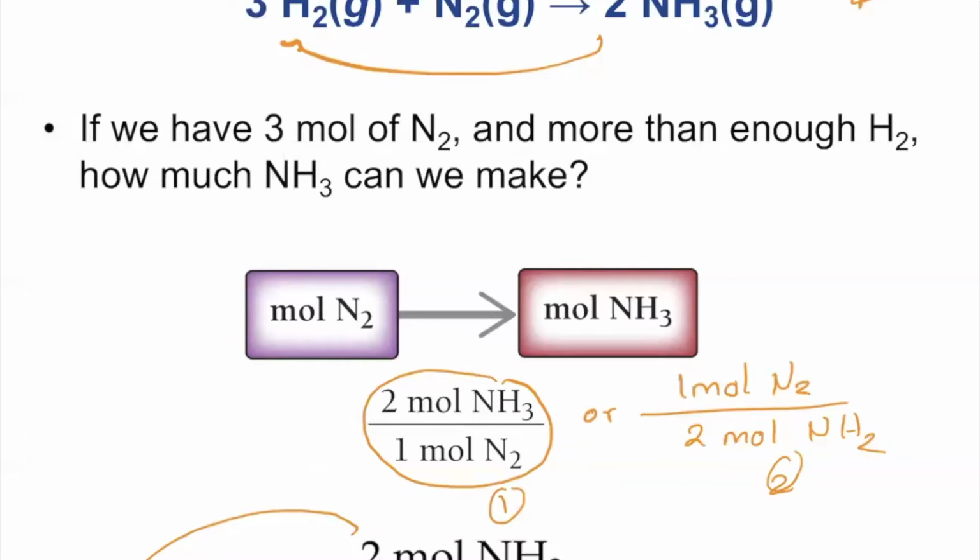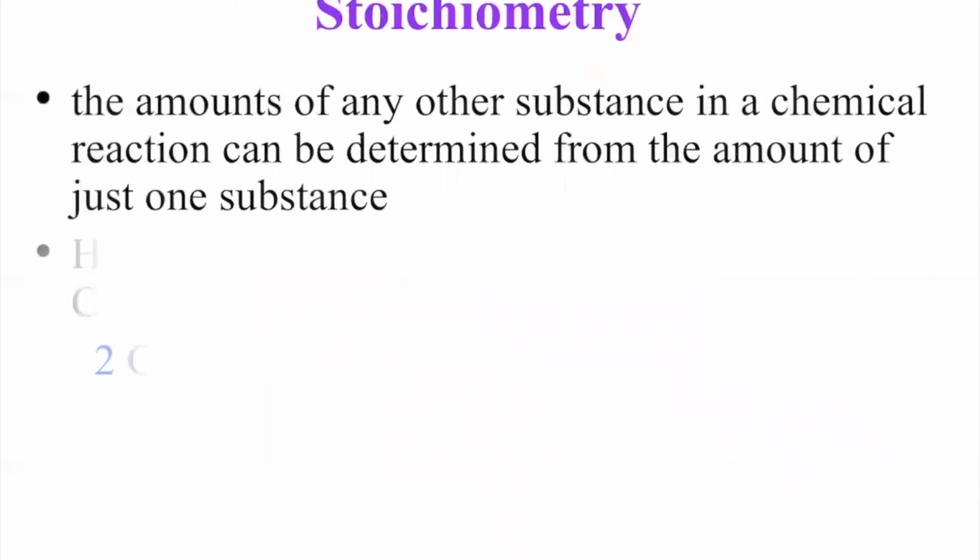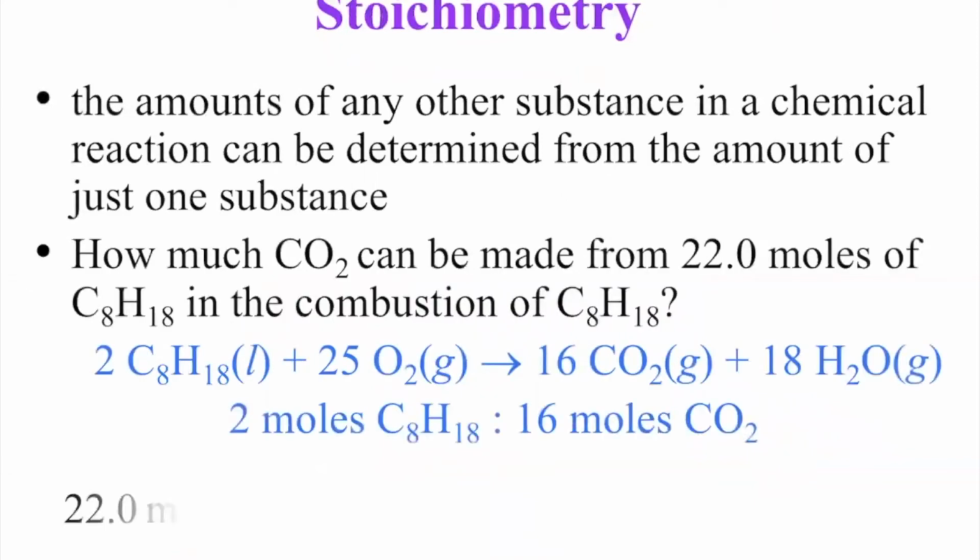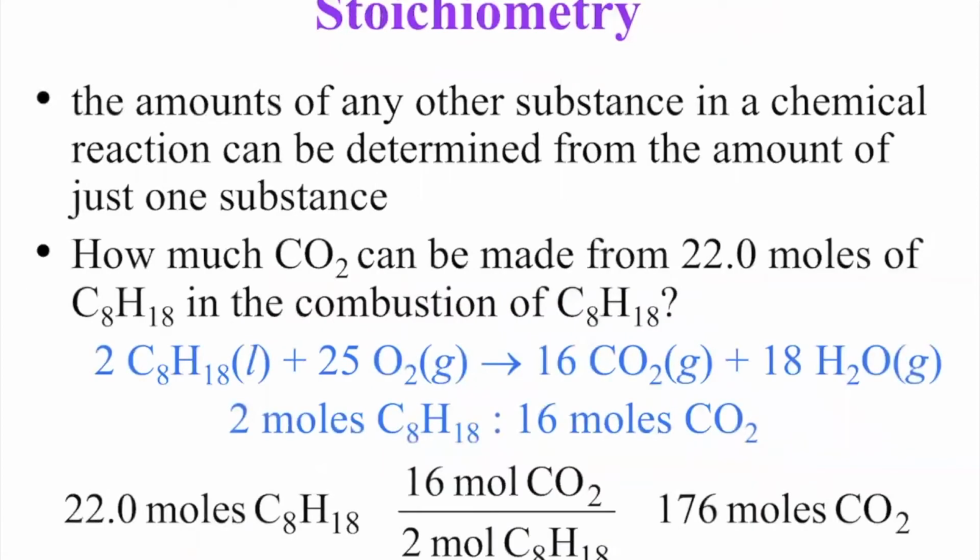Okay? And here's another question where pretty much it's the same idea. In this case, you have a combustion reaction. So in this case, you have a 2 to 25 to 16 to 18 ratio. Now, what if you start with 22 moles of this reactant instead of 2? And they're asking you what is the carbon dioxide.